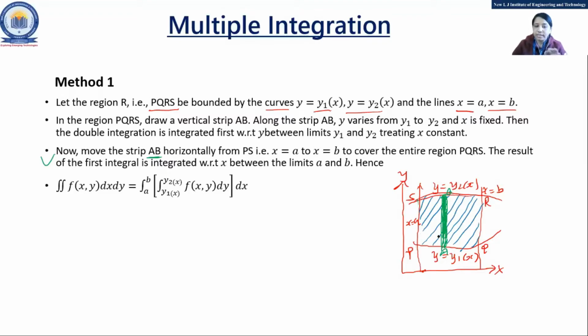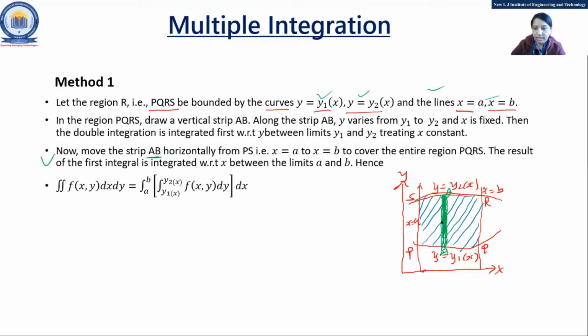So this is basically the first method, which is when you need to draw a vertical line. First step is what? Whatever the equations are given of curve or line, you have to draw the region. Next thing is what? You have to draw the vertical strip AB within this region. Now y varies from y1 to y2 and x is fixed.